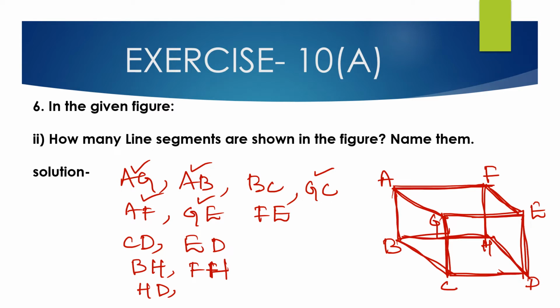ED already written, FE already written, and FH already written. Okay. How many line segments? So 1, 2, 3, 4, 5, 6, 7, 8, 9, 10, 11, 12. So 12 line segments are shown in the figure.